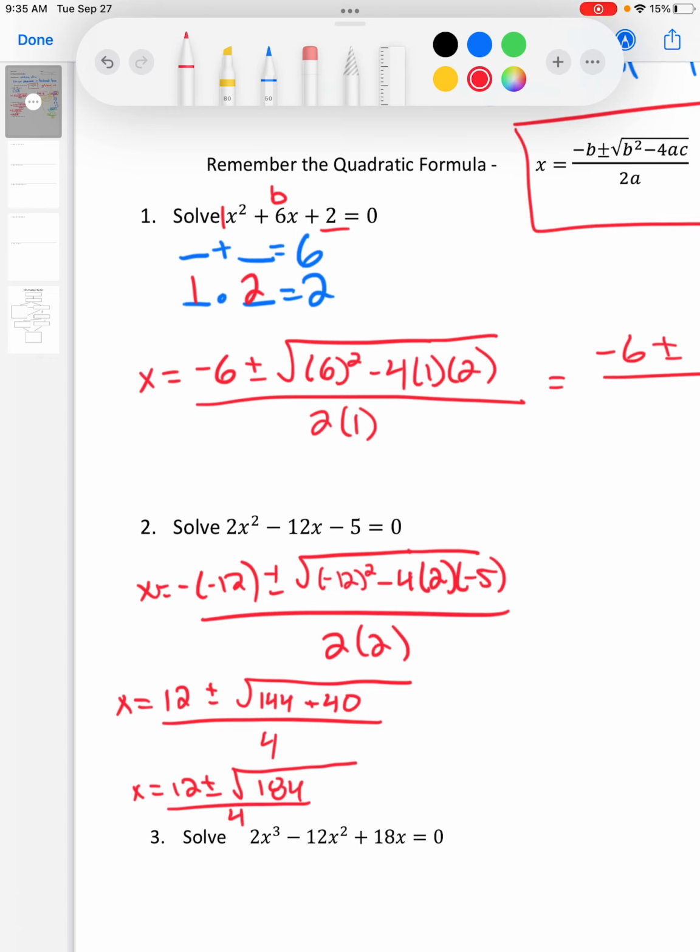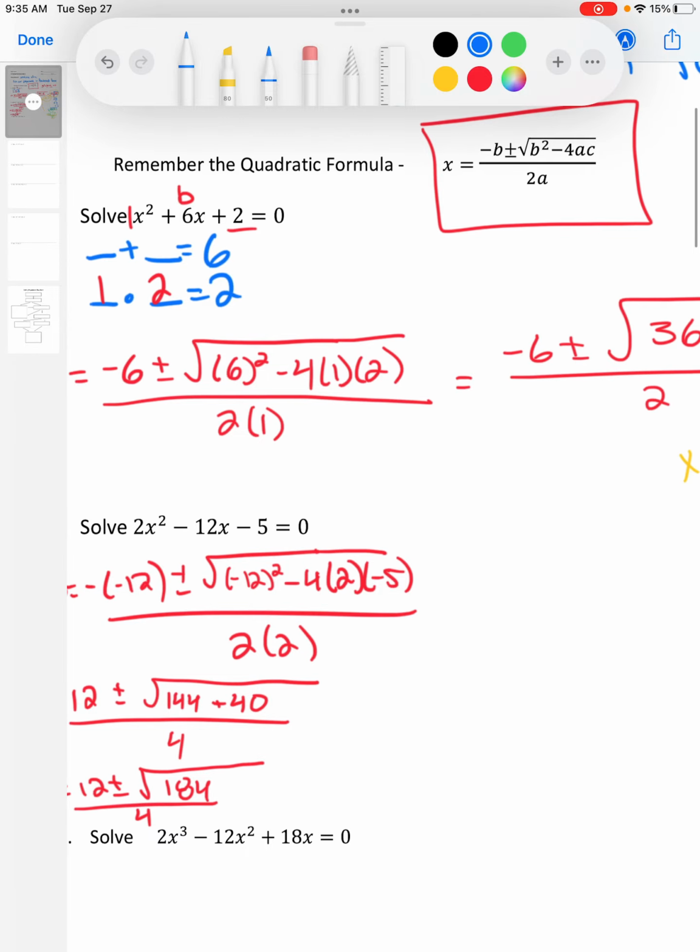Okay, now remember, I would accept that as your answer, but if you want a bonus point on the test, you have to simplify this even further. So we have to say what goes into the square root of 184. Let's try to split it up.